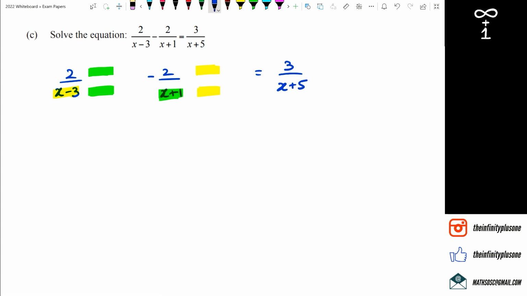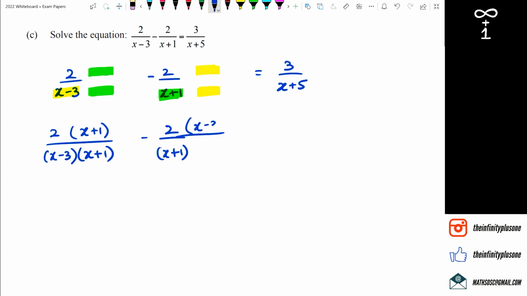So this gets rewritten as 2x times x plus 1 over x minus 3 and x plus 1. So that's what that green highlighted part was. Minus 2 over x plus 1 multiplied by x minus 3 in the denominator. All of this is equal to 3x plus 5.